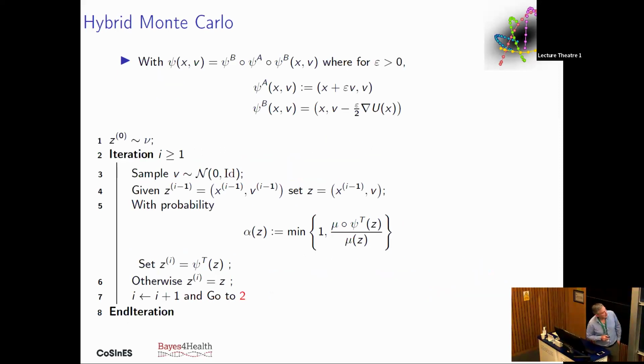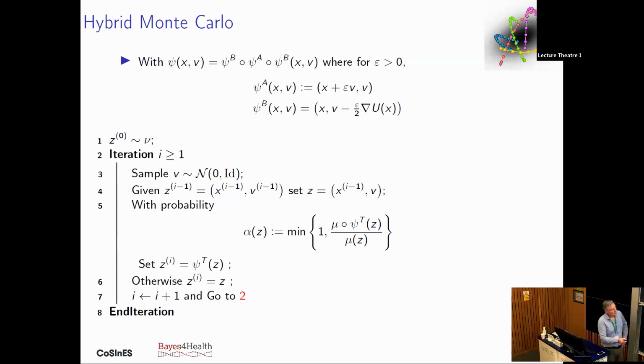And this is what the hybrid Monte Carlo algorithm looks like. At iteration i, you sample your velocity from the distribution. I've given you the sample from the previous iteration; you replace V with the refreshed velocity.